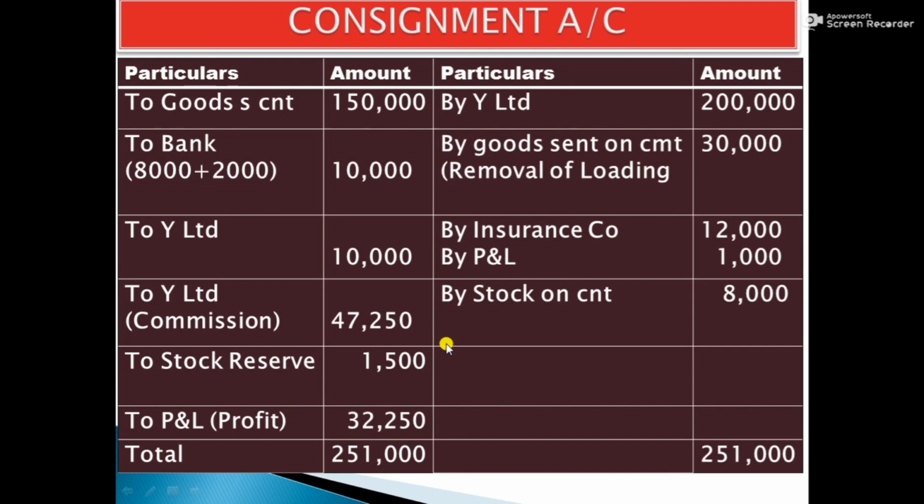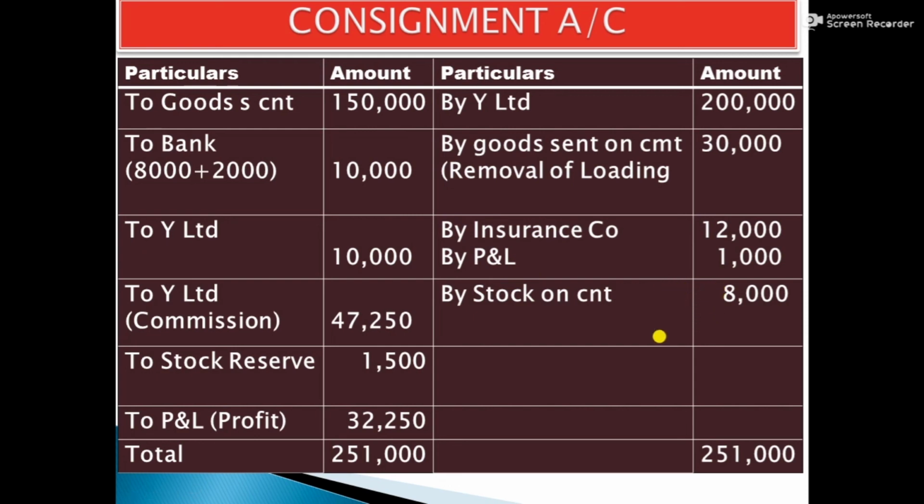We already calculated that. By Y Limited, the sale amount 2 lakh. By goods sent on consignment, removal of profit loading on goods sent, that is 30,000. We already calculated that. By insurance company 12,000. By P&L 1,000. By stock on consignment 8,000. To P&L the profit.